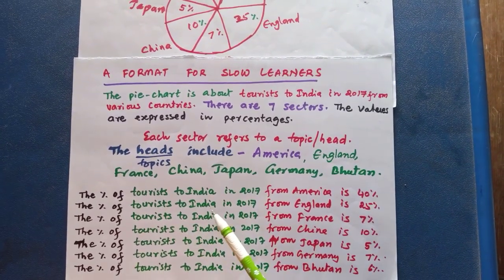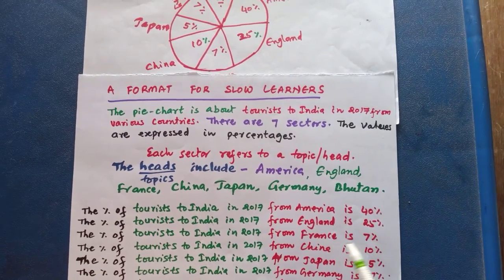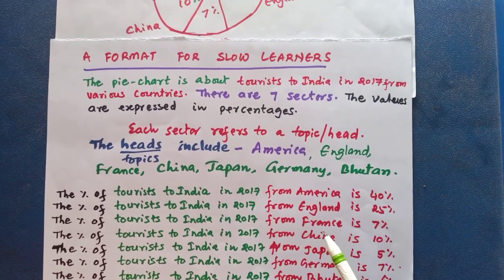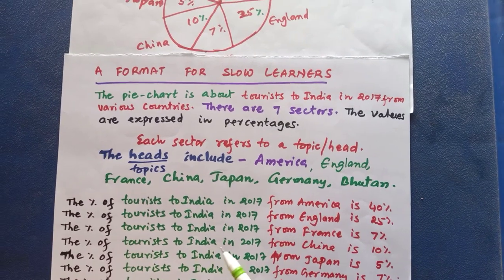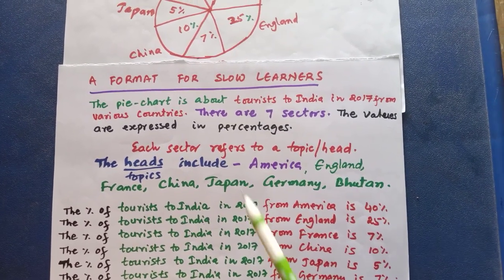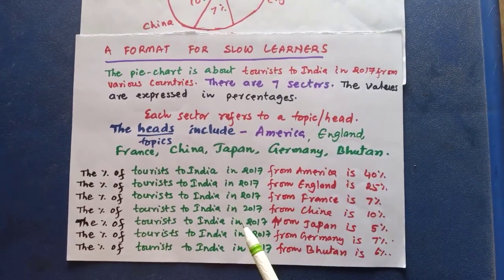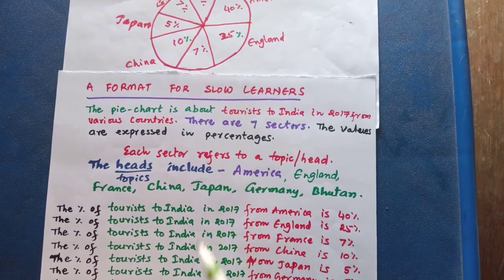The percentage of tourists to India in 2017 from England is 25%, the percentage of tourists to India in 2017 from France is 7%, and the percentage of tourists to India in 2017 from China is 10%. Like this, we can write the sentences of values of these different topics.